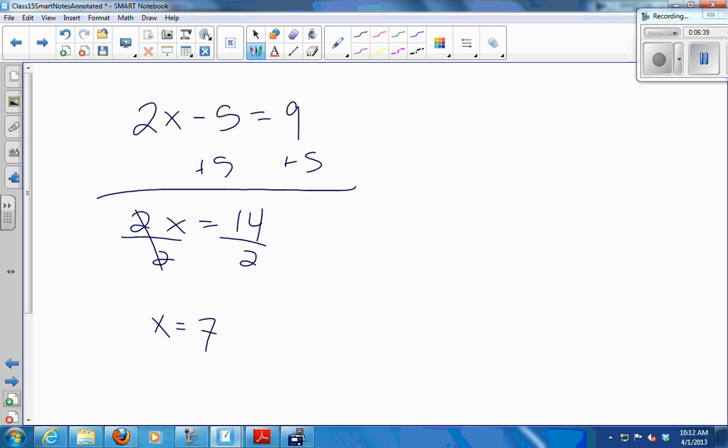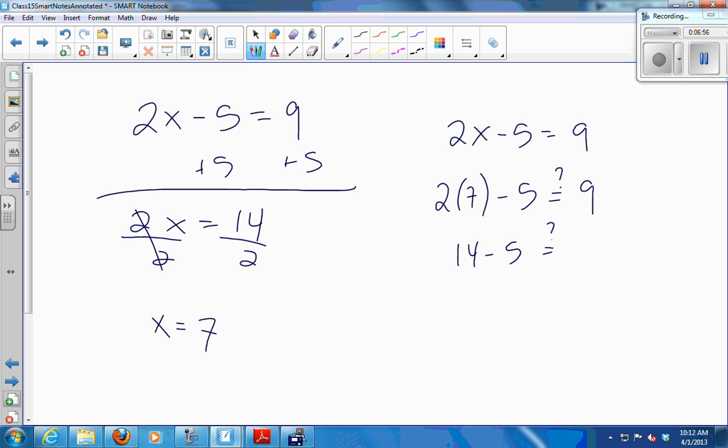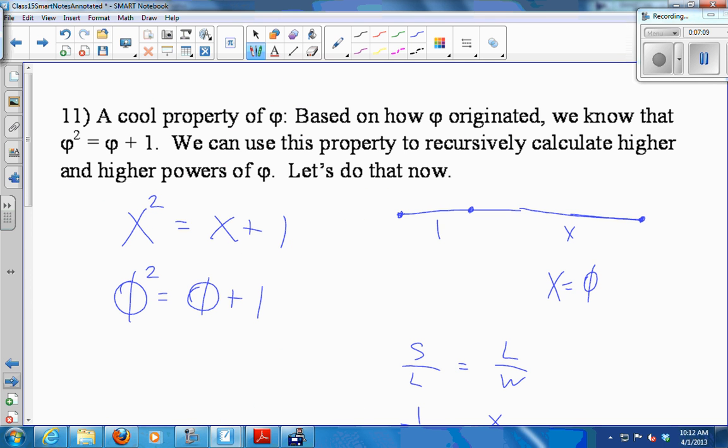How do you check that x equals 7 is really a solution? Plug it in. So I go to my original equation, 2x minus 5 equals 9. I'm going to replace the x with a 7. Does that really equal 9? Well, 2 times 7 is 14, and 9 equals 9. Check. Right? You remember that? Okay, so the same idea applies even when the equation is more complicated.